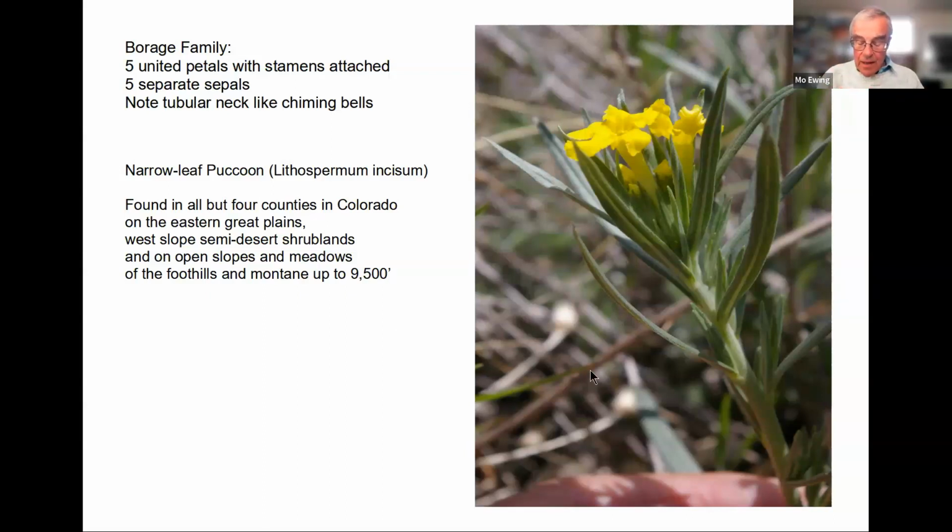I don't know what color dye they got from this, but they evidently got a colored dye from the root. And the Zuni made a powdered root mixture as a salve to reduce swelling. So that's in this guy there.